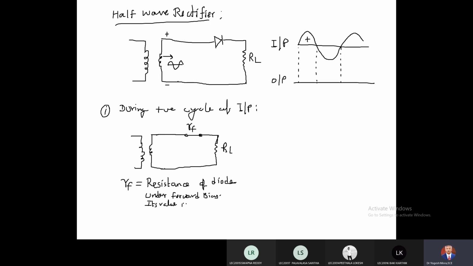It may be around 100 ohm or even less. And RL is the load resistance, which we have connected externally.